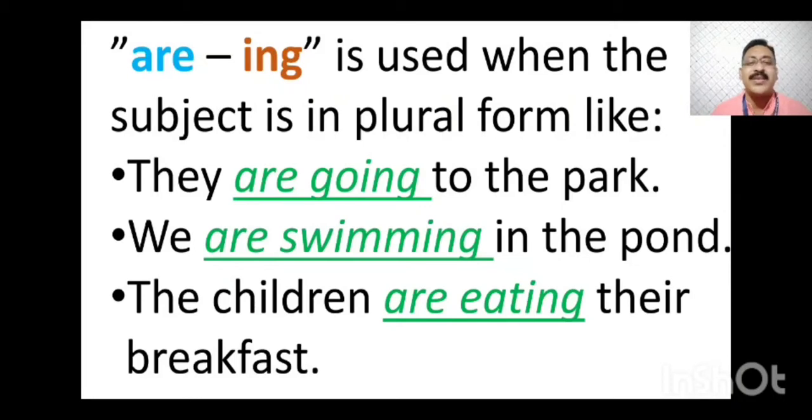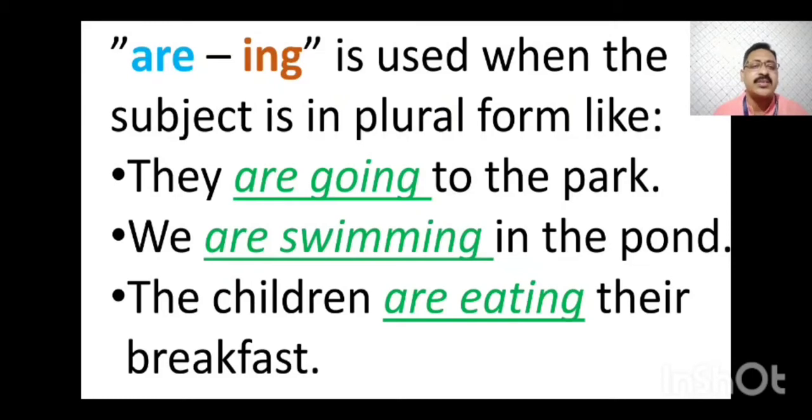You see, they is a plural pronoun, so are is added to it, and the verb go has ing, going. In the second case also, we are swimming in the pond. We is plural, that's why we have added are, and swim has the ing form, swimming. In the third one, children is plural, so are is added to it, and the verb eat has ing, eating.